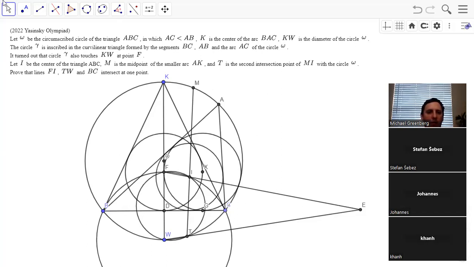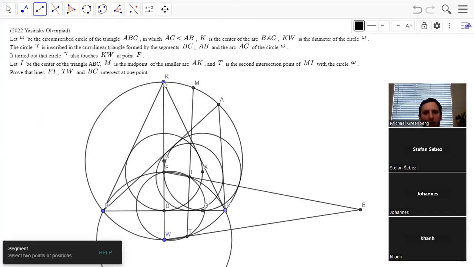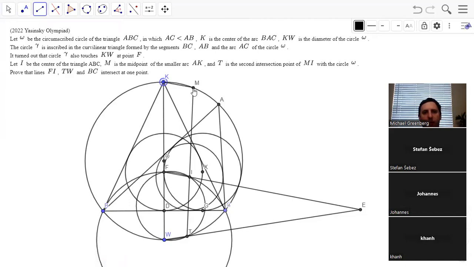Okay. So did you say you think it's just an angle chase that KM and FI are parallel? I'm just predicting, because those points are not really hard to do some calculation. Yeah, angle MKF is not too hard to calculate because M is the midpoint of AK.